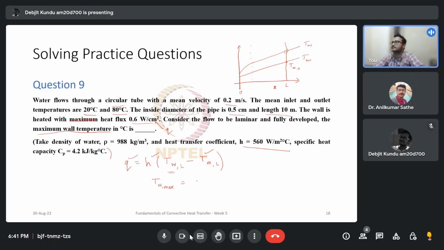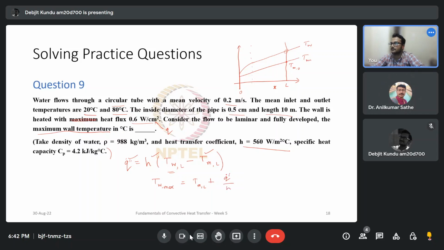We can write this as T mean at L plus q by h.